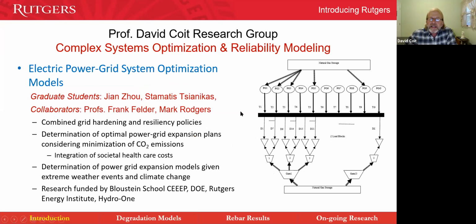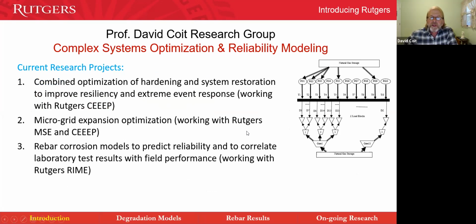Now, in the last 10 years, about 50% of my work has been on electrical power grid optimization. It evolved out of my work in system reliability, and we're doing resiliency type projects, and also how to optimally expand the grid. And we've got lots of good publications and research in both.